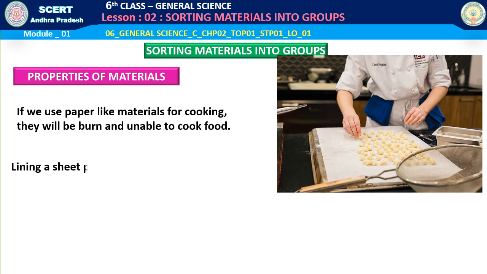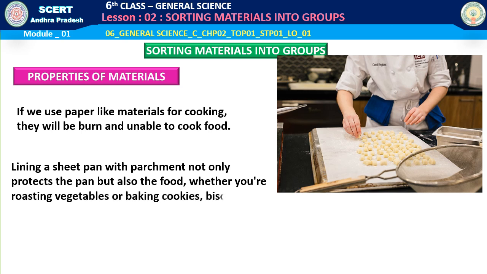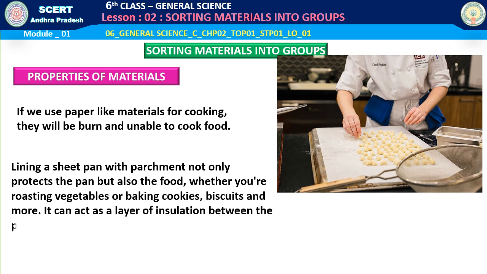Lining a sheet pan with parchment paper not only protects the pan but also the food. Whether you are roasting vegetables or baking cookies, biscuits and more, it can act as a layer of insulation between the pan and the food to keep it from burning or sticking and to ensure even cooking.